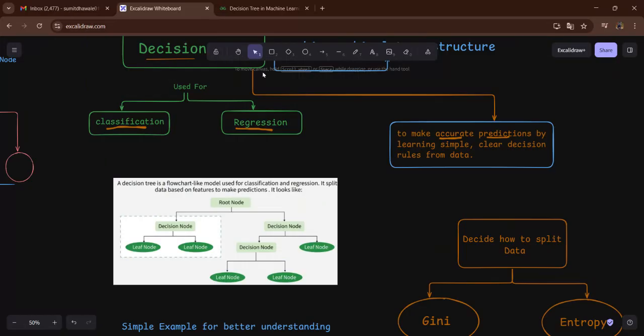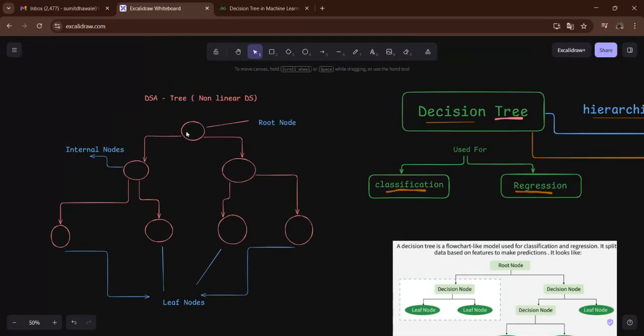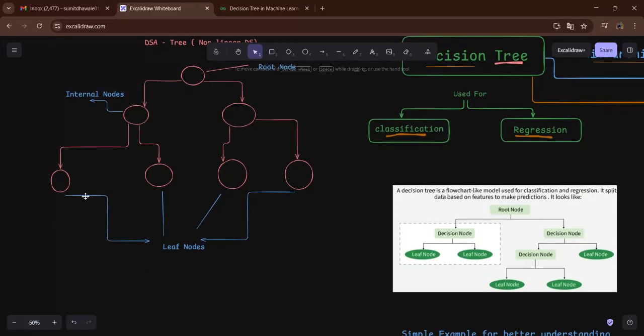There may be one layer of internal nodes, then again internal nodes, and finally the leaf nodes, and the leaf node gives us the final outcome.